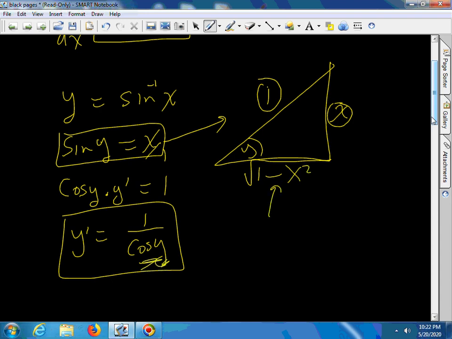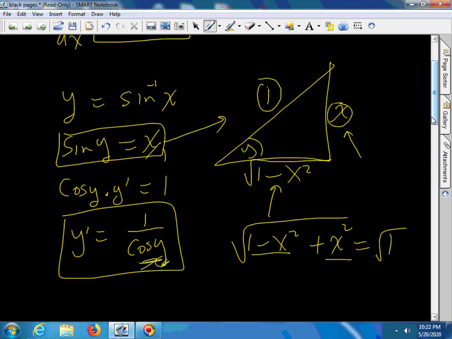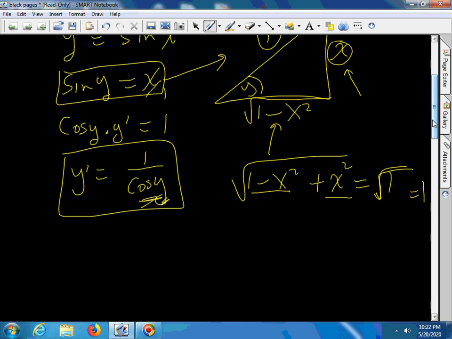After all, if you square that, you get 1 minus x squared, plus if you square that, you get x squared, and this is 1. And the square root of one side squared plus the other side squared should be equal to the square root of the hypotenuse, which is 1. Got it. So, with this right triangle, we're done.